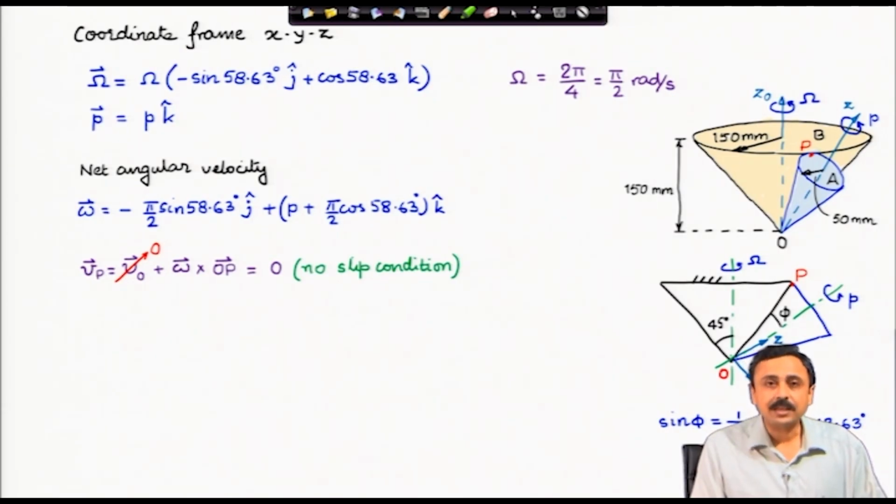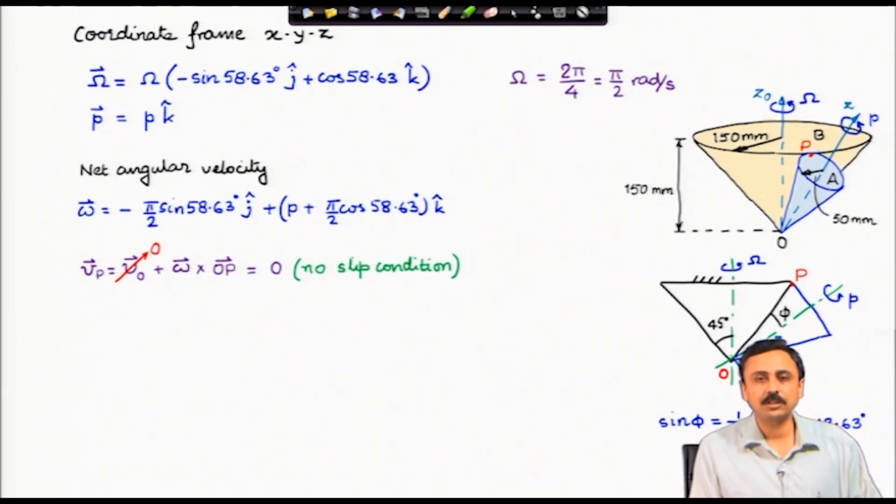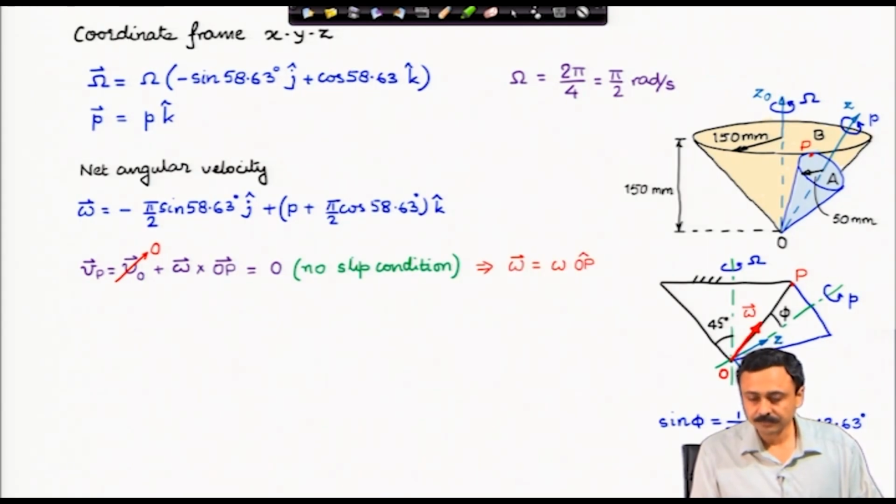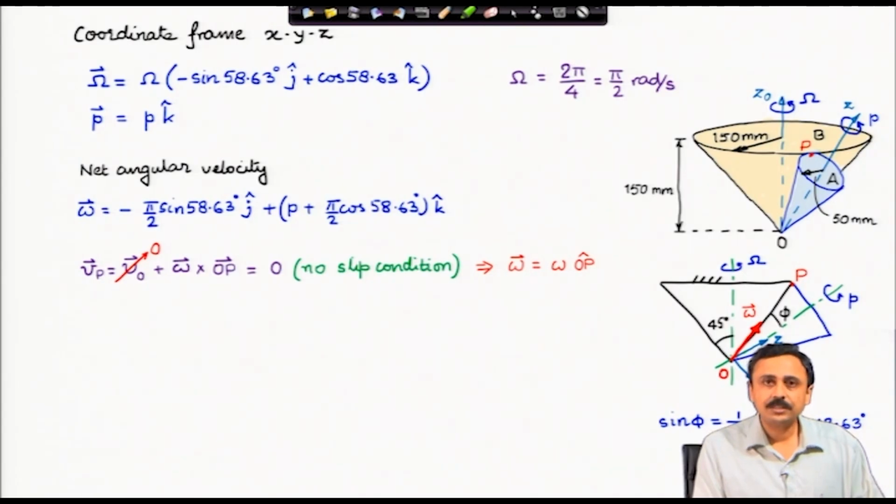And what does this tell us? The cross product of two non-zero vectors is 0 when either they are co-oriented or oppositely oriented. In other words, the net angular velocity of cone A is along OP. This is a very important conclusion that we draw from the no slip condition.